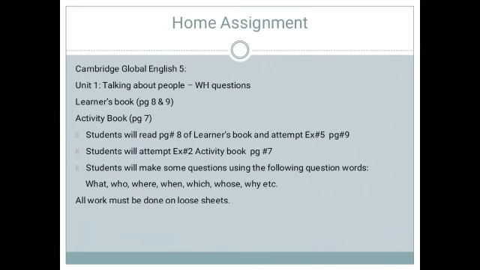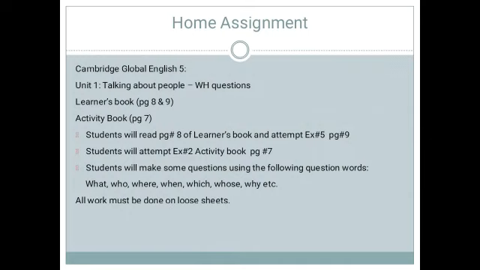So this is your home assignment. From your learner's book, you will follow these given instructions. For your ease, I have attached some reference pictures from the books, so that it would be easy for you to attempt.